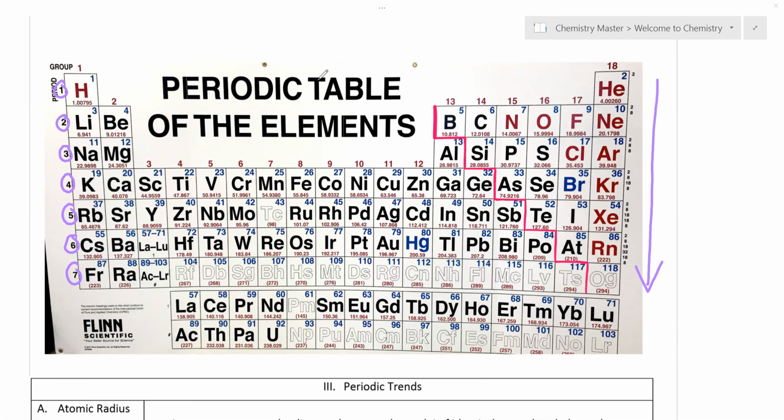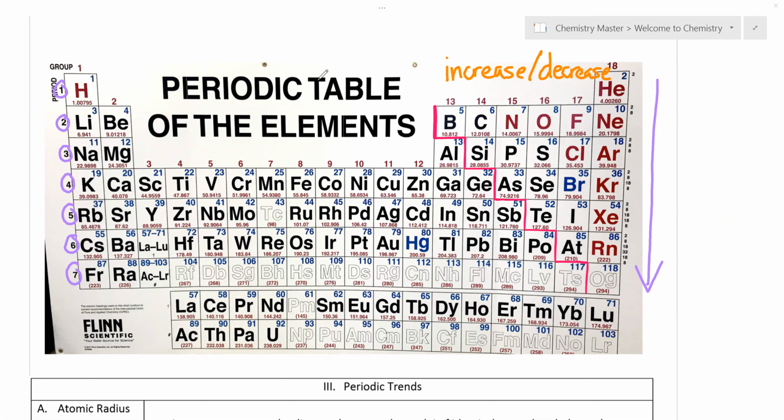Now, let me go back. Does the size of the atom increase or does it decrease as you go down the periodic table? Down meaning like this purple arrow. When we're talking about trends, we're always trying to figure out, is the trend increasing or decreasing as we go left or right, or as we go up or down?